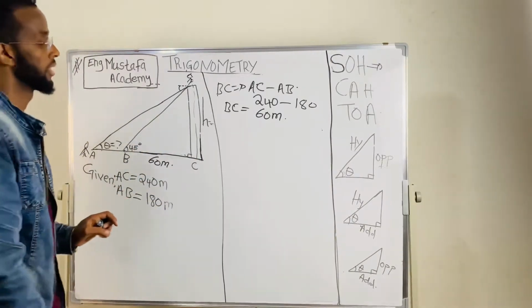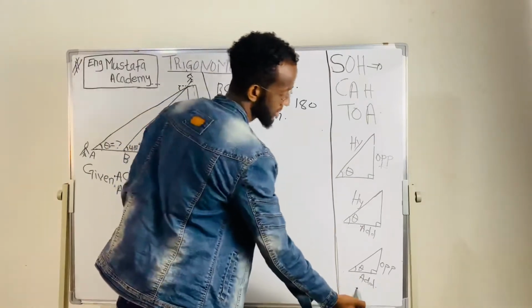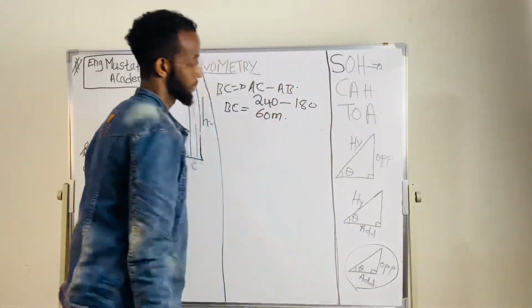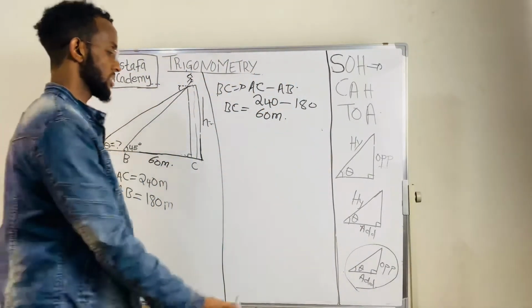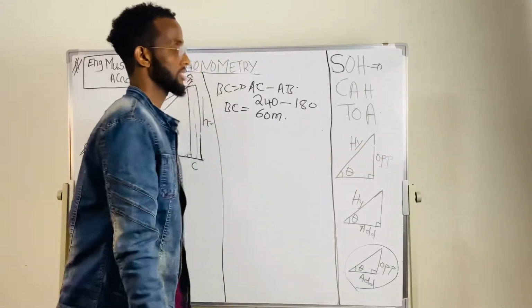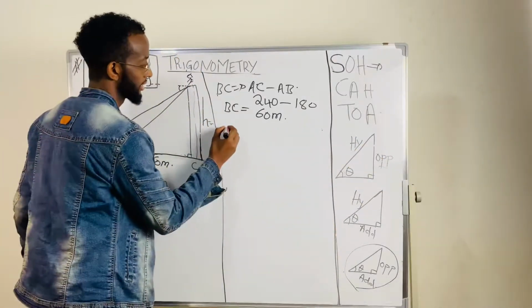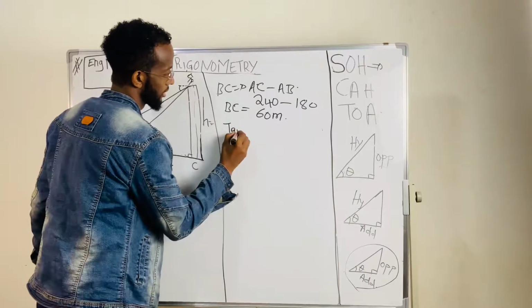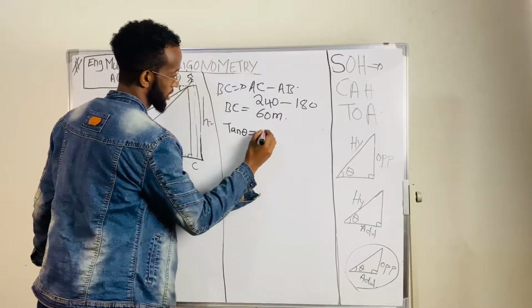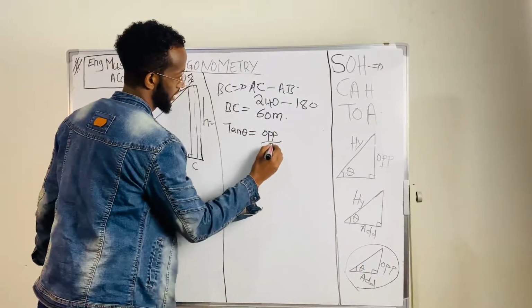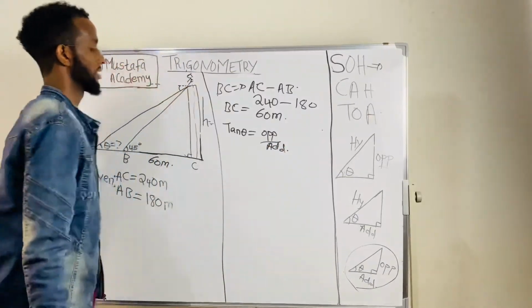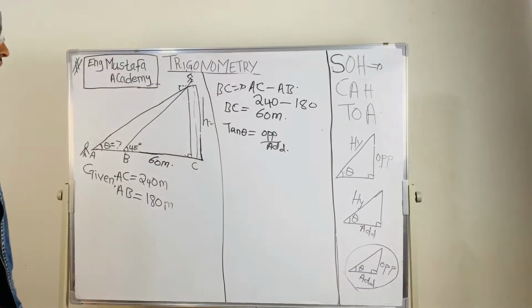Yeah, very simple, by using this principle here. This one is for tan. So we have tan of theta, which should give us opposite over adjacent. Tan of theta is equal to opposite over adjacent.